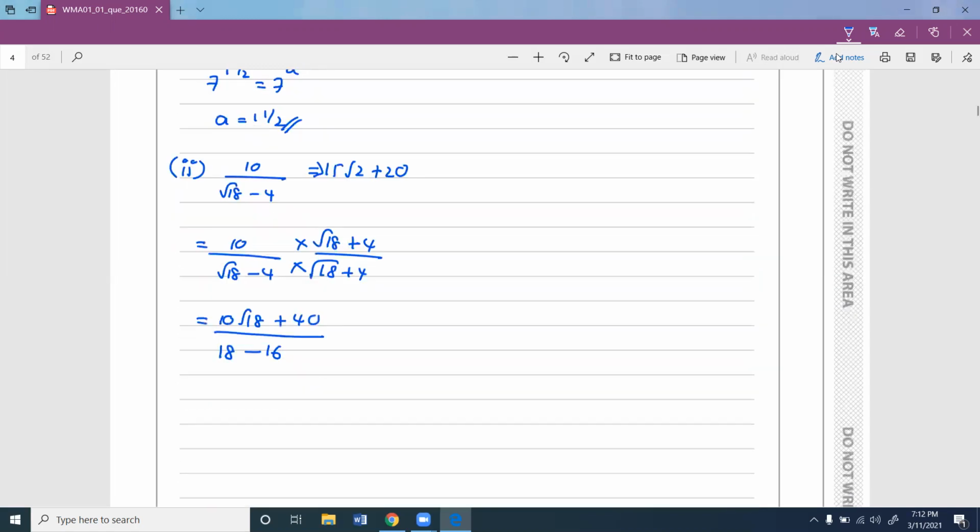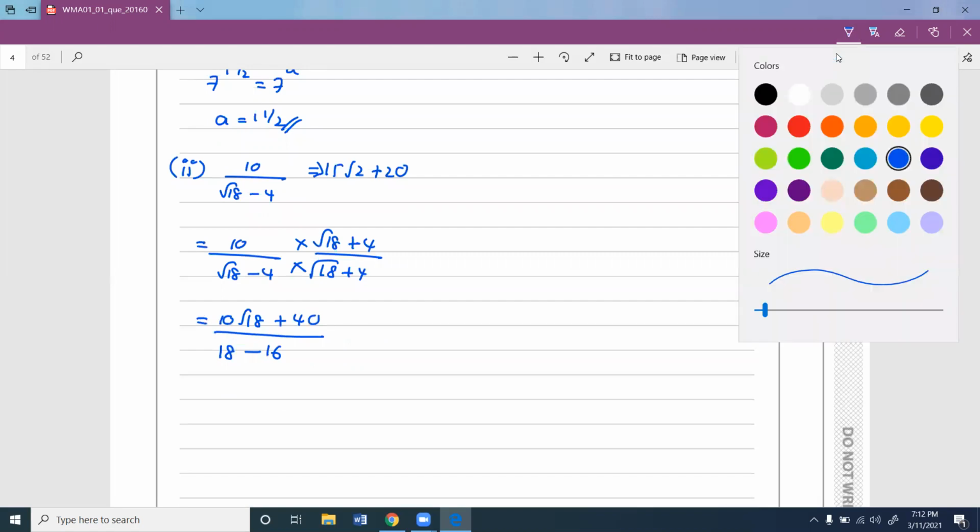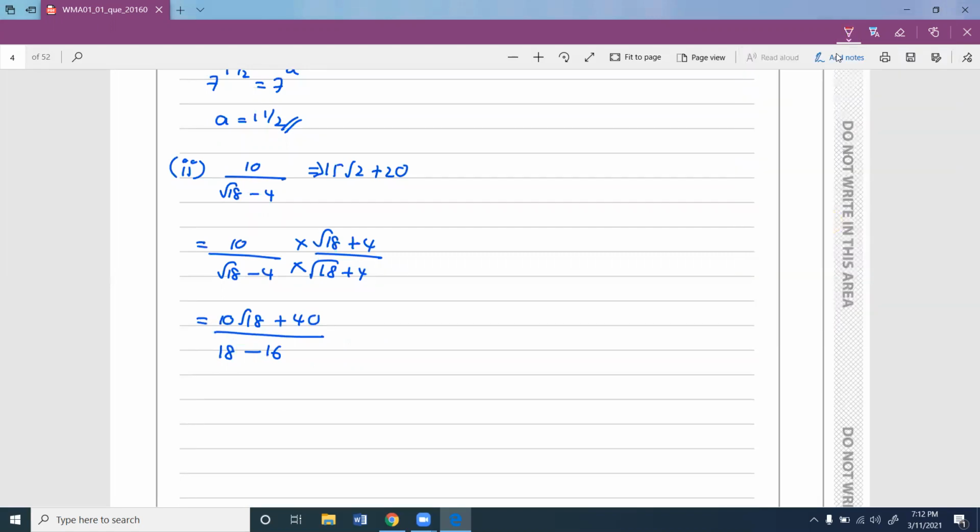Let me show you that the intermediate terms get cancelled. Root 18 times root 18 is 18. Root 18 times 4 is 4 root 18. Then minus 4 into root 18 is minus 4 root 18. Minus 4 into plus 4 is minus 16. So over here, these two get cancelled. That is why there is no need of multiplying this one when you do this.